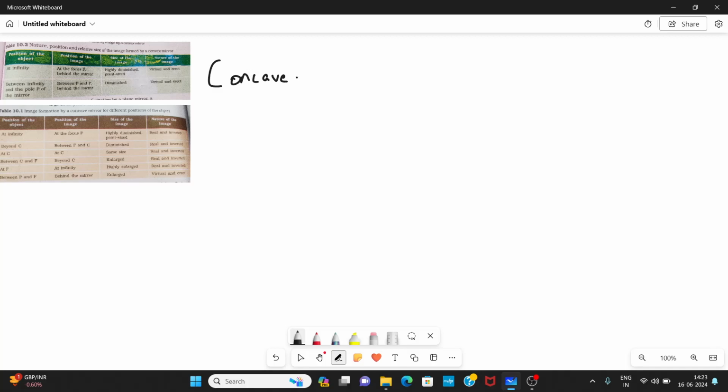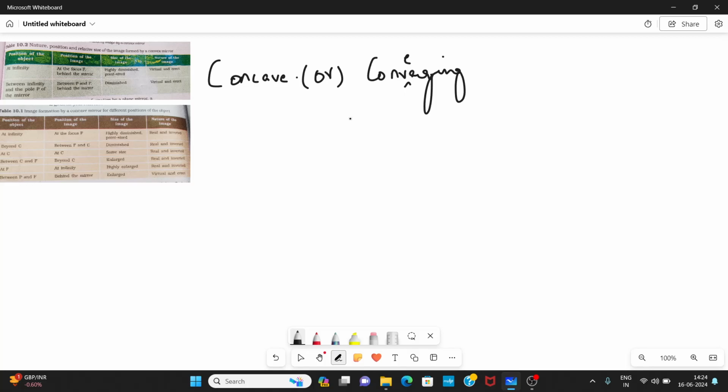On the left hand side of my screen, you can see the tabular column provided in your book: how the nature, position and size of the image depend on the position of your object.